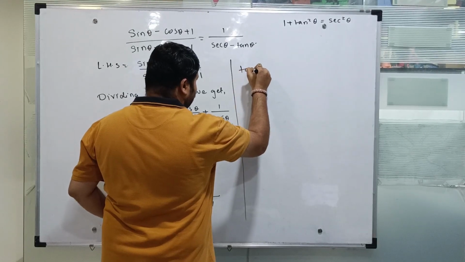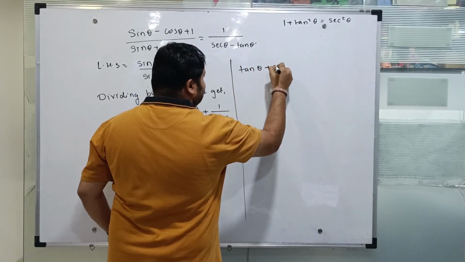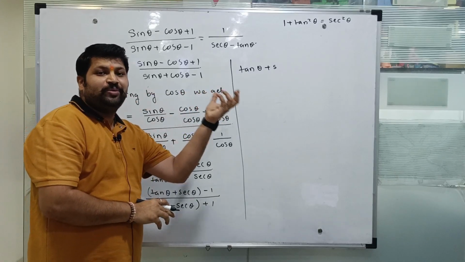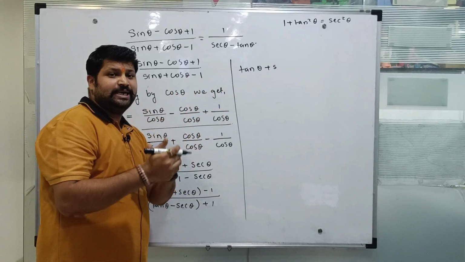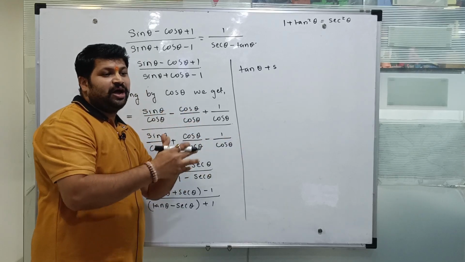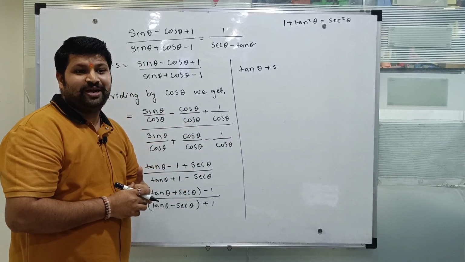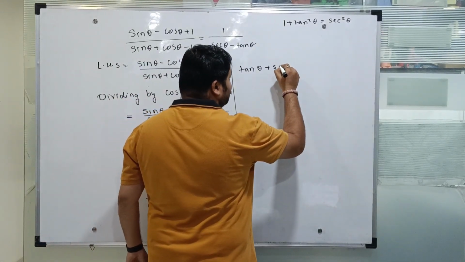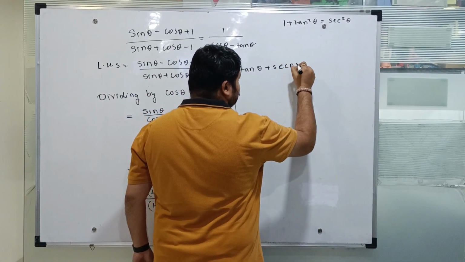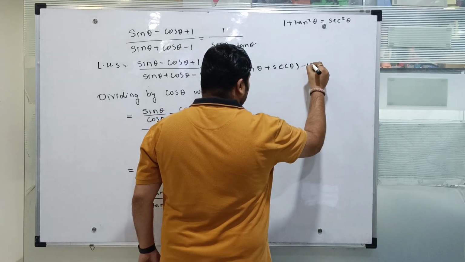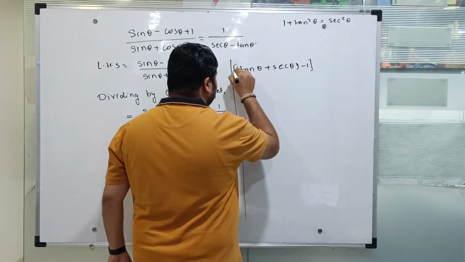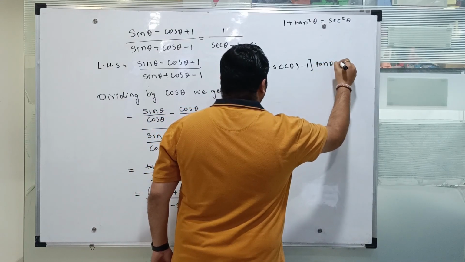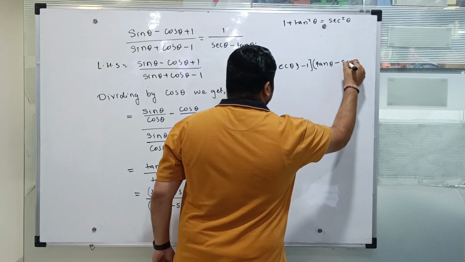Now I cannot cancel them out readily, so I will have to multiply the numerator and the denominator by some entity so that I would get common terms in such a way that I can cancel them out. So I am going to take tan theta plus sec theta minus 1 and multiply it by tan theta minus sec theta.